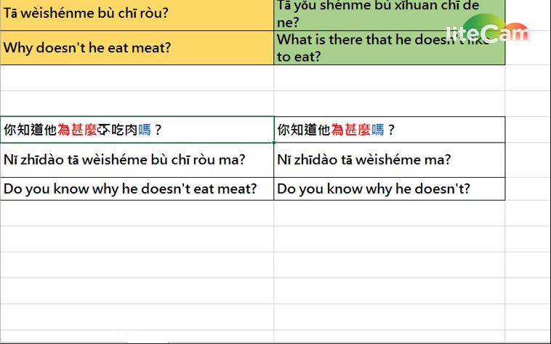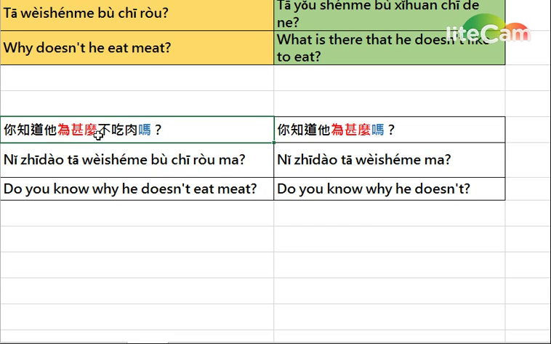And here, this is the condition, 不吃肉. The particle ma is appearing with another question word, 为什么, in this sentence, but it is not actually part of that question. There are two questions in the same sentence. The inner question is about why the person doesn't eat meat.